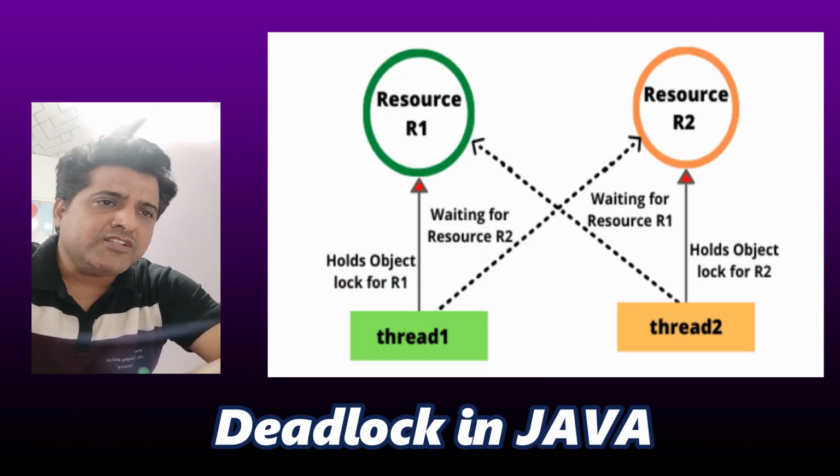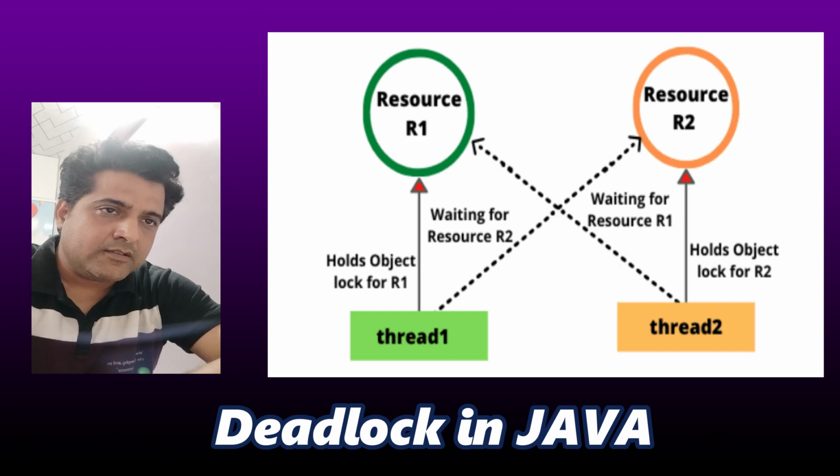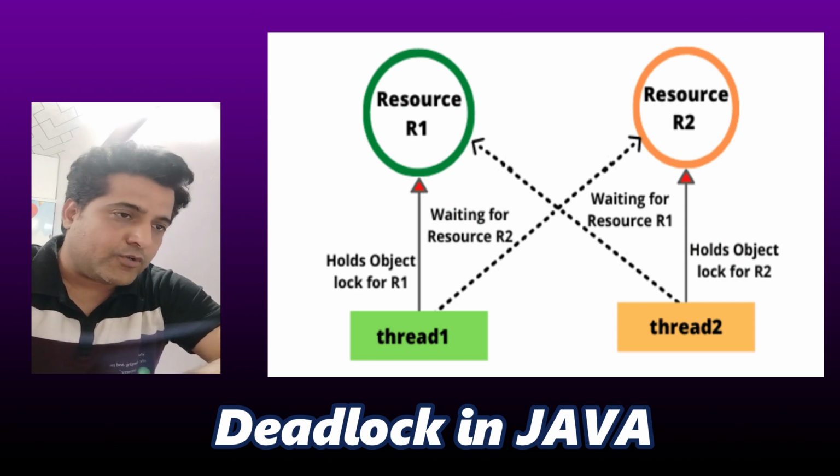In this image, you can see that we have two threads, thread 1 and thread 2, and two resources, resource R1 and resource R2. Thread 1 has acquired a lock on resource R1, and similarly on the right-hand side, thread 2 has acquired a lock on resource R2.